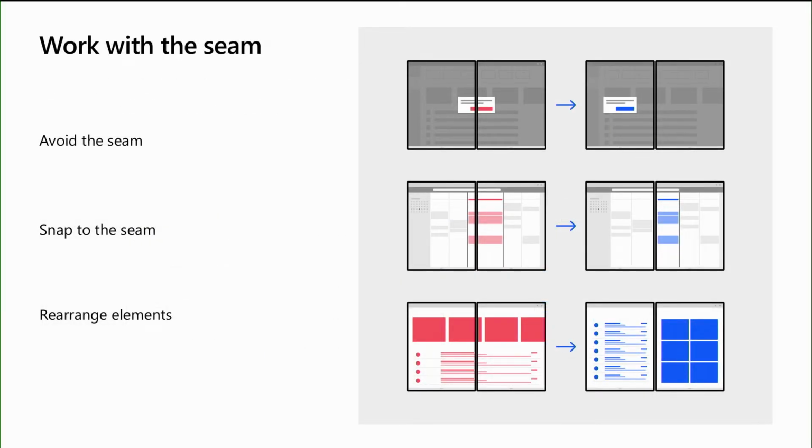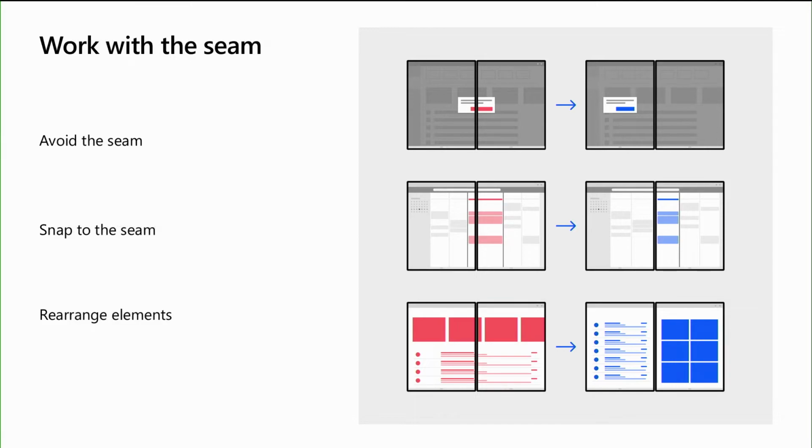After all these points considered, if you decide that you need to work with a seam, there are several ways you can do so. You could simply avoid the seam by moving the content to one screen or another. We are working to provide common controls that have built-in behavior to avoid the seam.